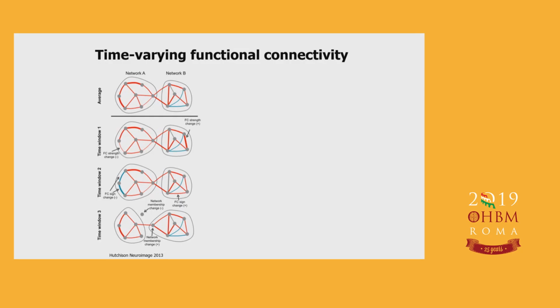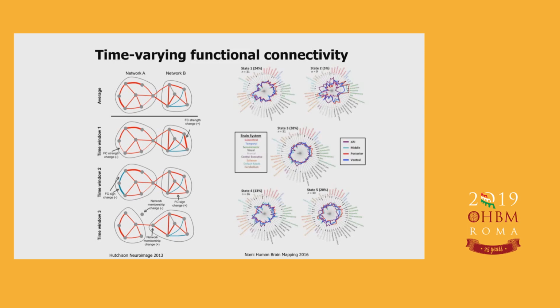As you can see here, for example, connectivity may be decreased at a specific period of the resting state acquisition, or maybe even inverted in connectivity signs, or nodes may even switch to different modules through the whole acquisition of the data.